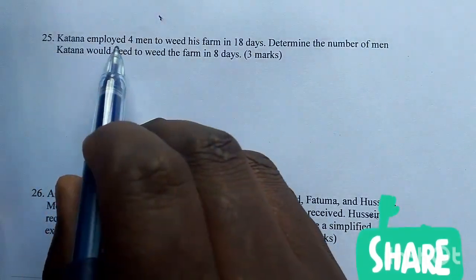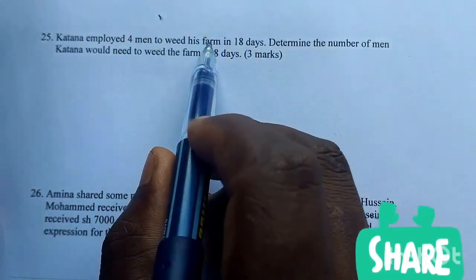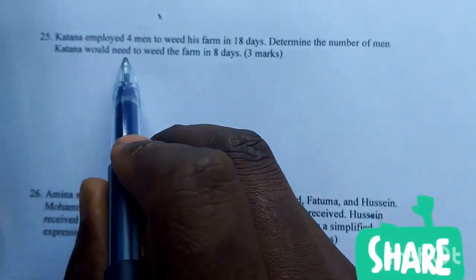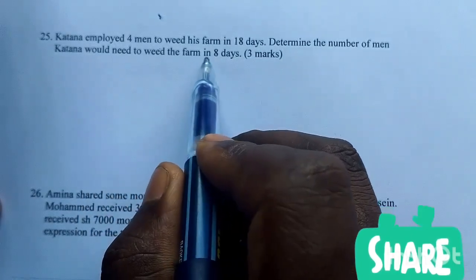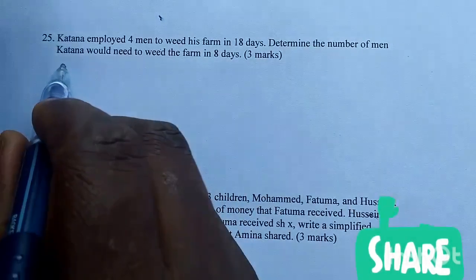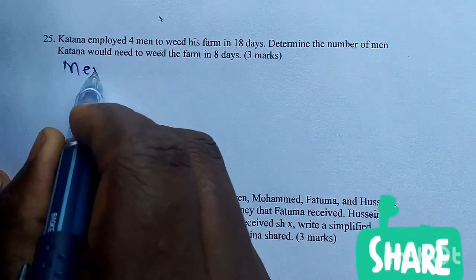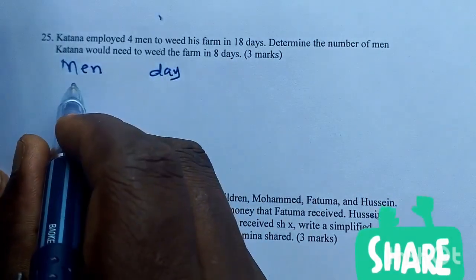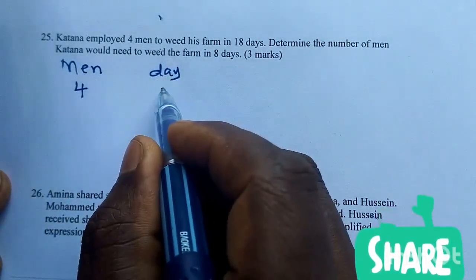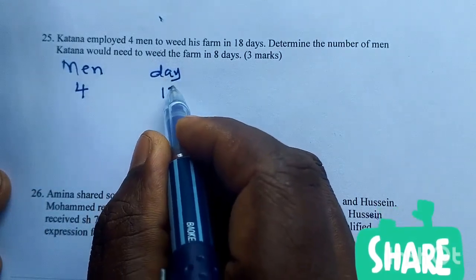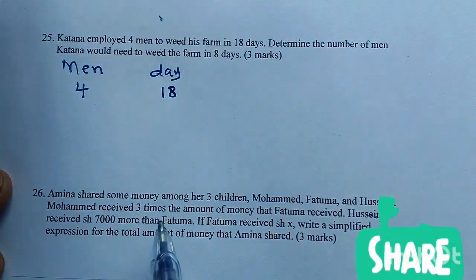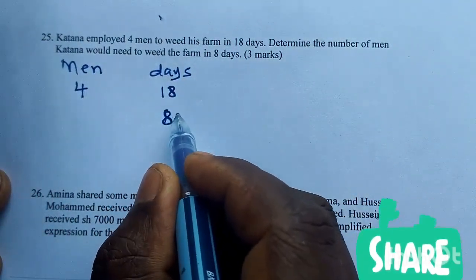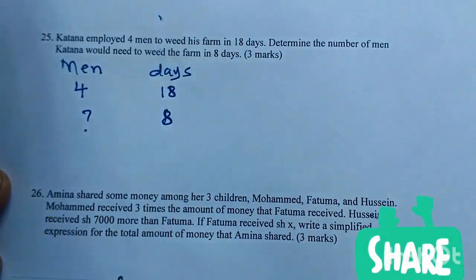Katana employed 4 men to weed his farm in 18 days. Determine the number of men Katana would need to weed the farm in 80 days. So we can have men, days. So 4 men, they weed the farm in 18 days. 80 days, what number of men would be needed?